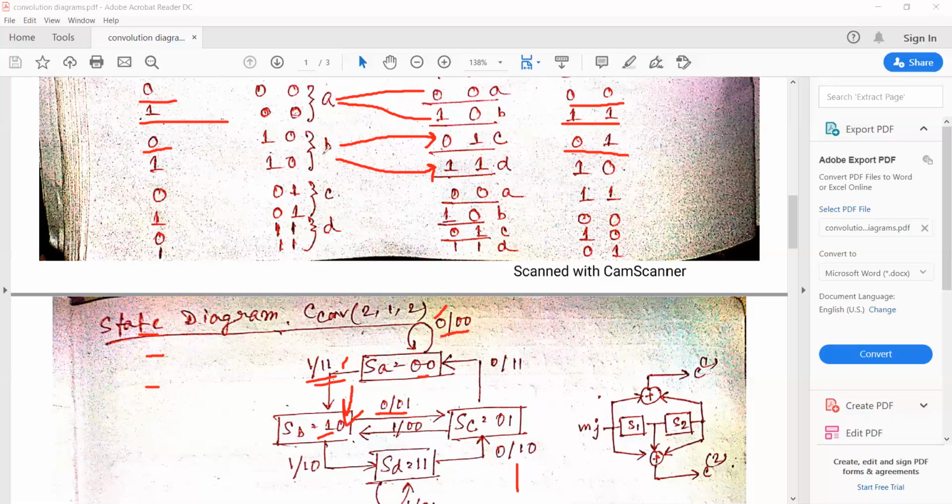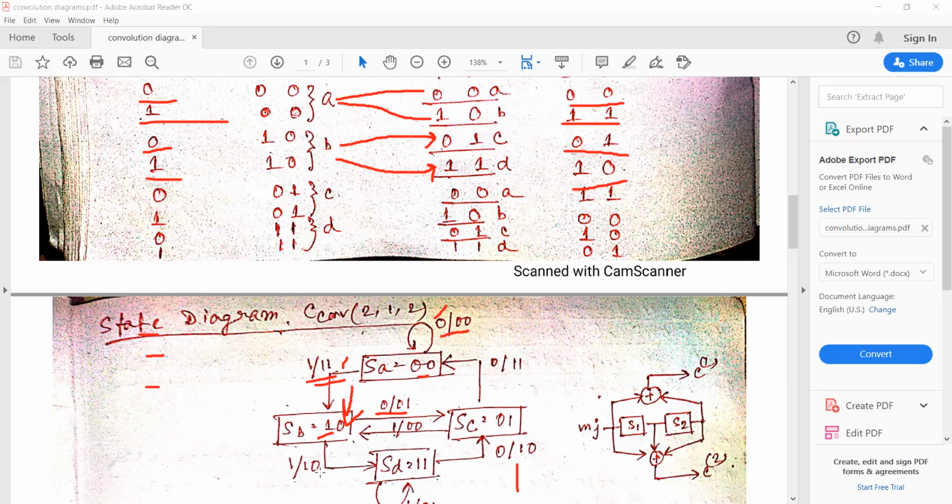You can also see that B will be converted to D when B is the present state. So CD is the next possible state. So B is converted to D. What is the condition? When input is 1 and output is 1, 0. So you can see this 1, 0 is converted to D. The condition is 1 and 1, 0.